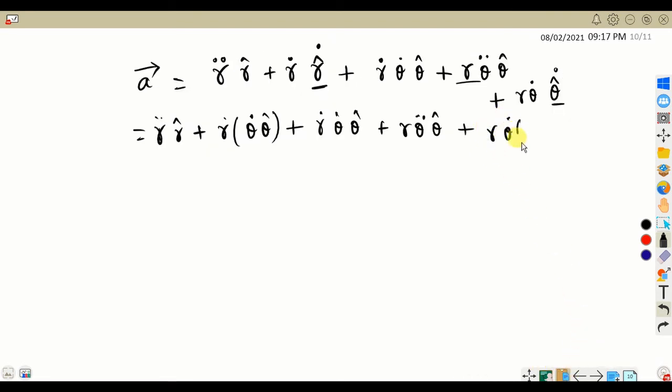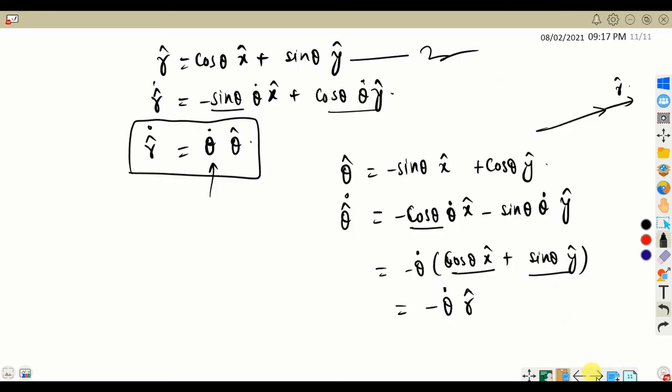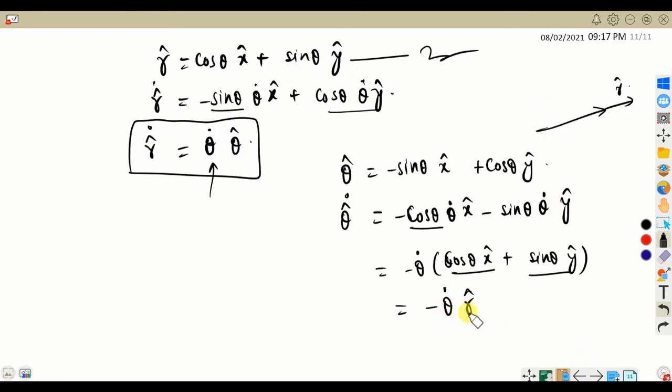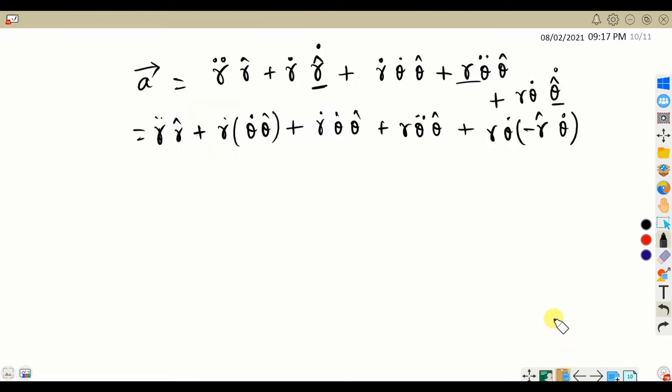R theta dot minus r, that's what I told, minus theta dot r hat. So minus r hat theta dot, which is the correct one, minus theta dot r hat. You see my condition. So we have this radial factor, one component in the radial direction and another component in the theta direction.